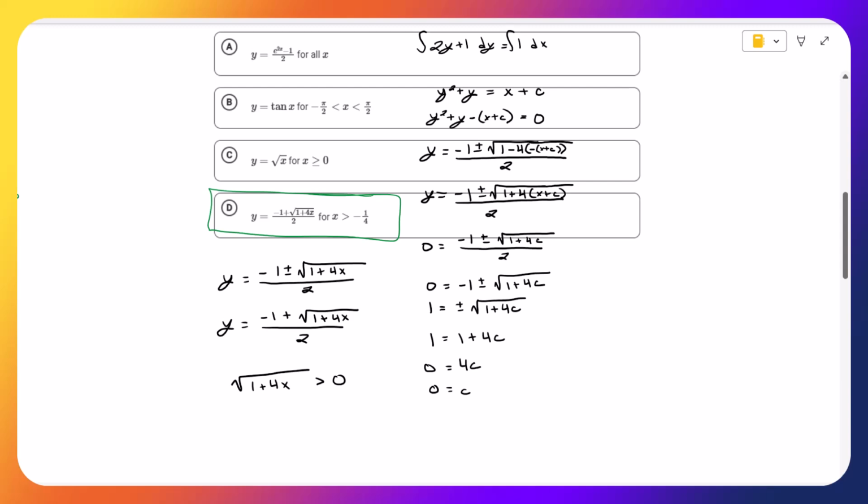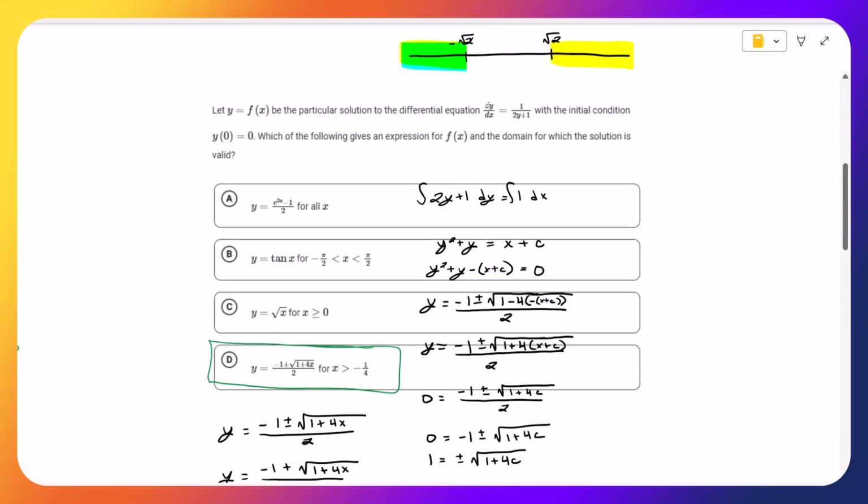We'll square both sides. That doesn't do anything. We get 1 plus 4x is greater than 0. That just gives us x is greater than negative 1/4. And that's this right here.